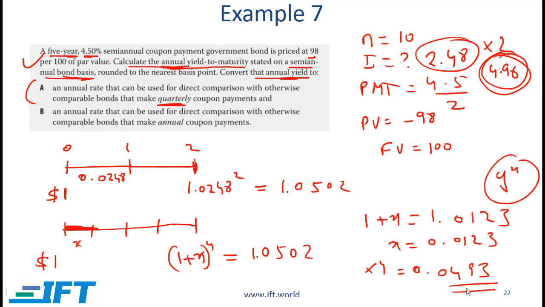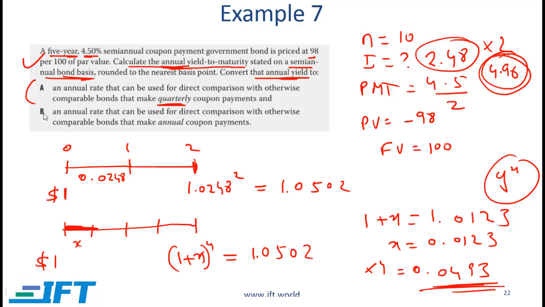In other words, a rate of 4.93% given a periodicity of 4 is equivalent to a rate of 4.96% with a periodicity of 2. And this makes sense given what we talked about on the previous slide. Here we have a higher periodicity, so a slightly lower rate gives us effectively the same result.